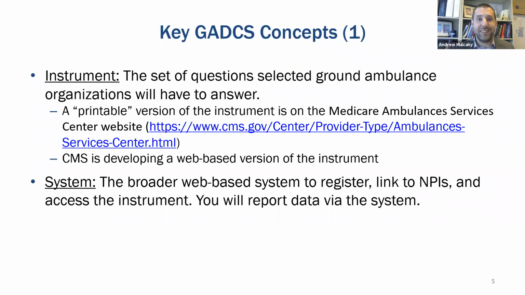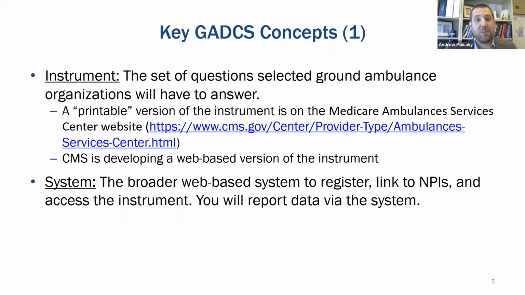You'll see as we go through today, the specific questions that you'll get in some of the early sections, like section 2 of the instrument, do ask about your organization's characteristics. And one really nice feature of the web-based instrument is that it tailors the questions you get later on based on your answers in those early questions. So it's a great way to trim down the number of questions you have to read and respond to.